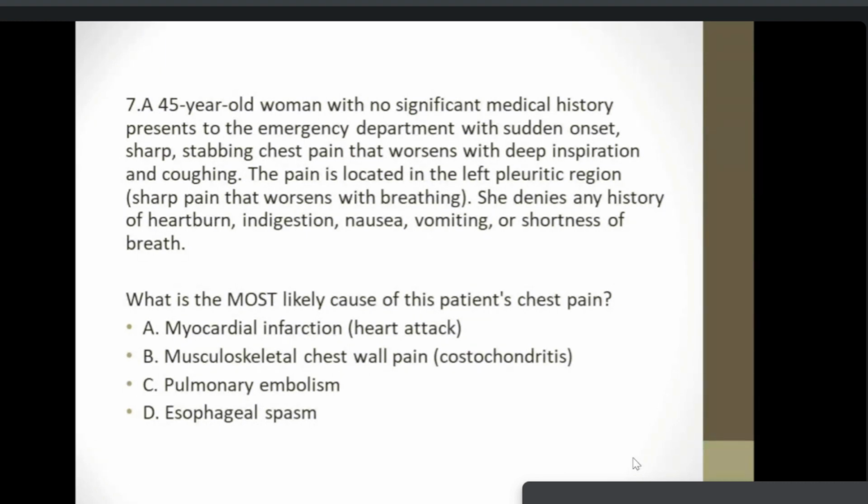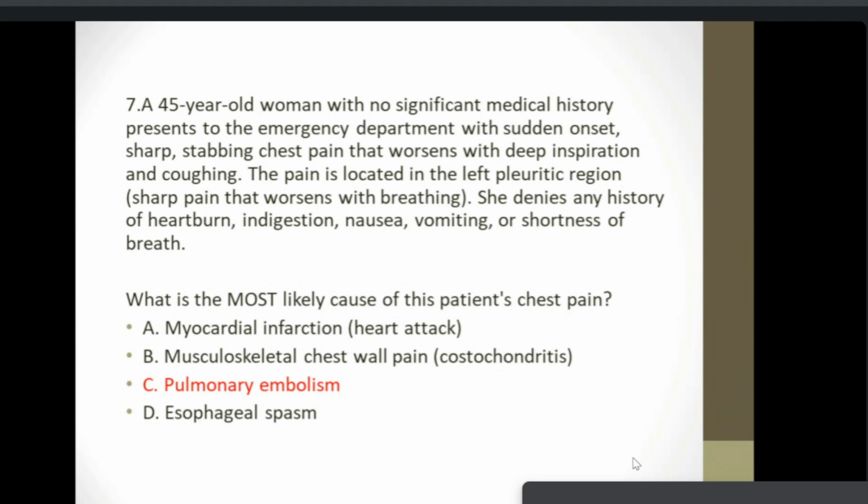Okay, so we will move to the correct answer, which is pulmonary embolism. Why is A not correct? Because I see some of you mentioned the answer A. Myocardial infarction typically wouldn't worsen specifically with deep inspiration, although it might worsen with exertion.